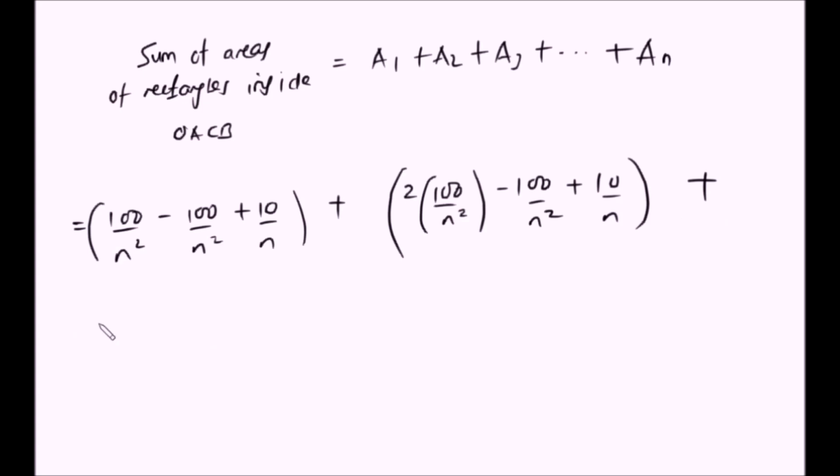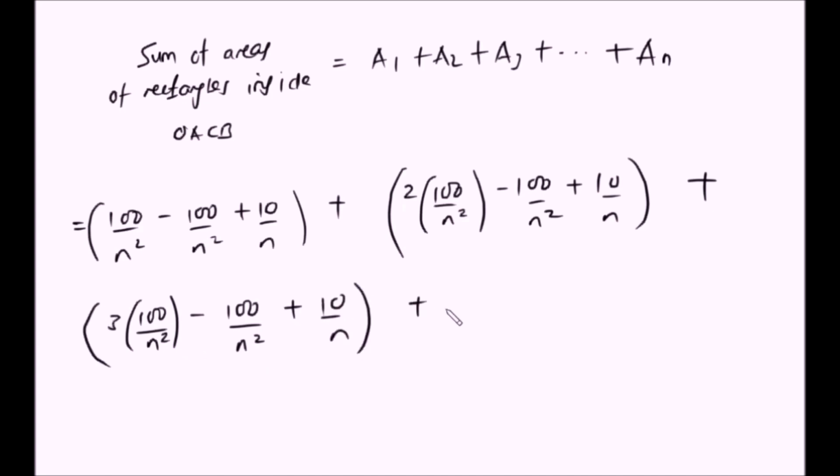And then the third now is 3 times 100 over n squared minus 100 over n squared, like this, plus 10 over n. See? The third. And then the last one, there are others here, the 4th, the 5th and so on. The last is n times 100 over n squared minus 100 over n squared plus 10 over n.